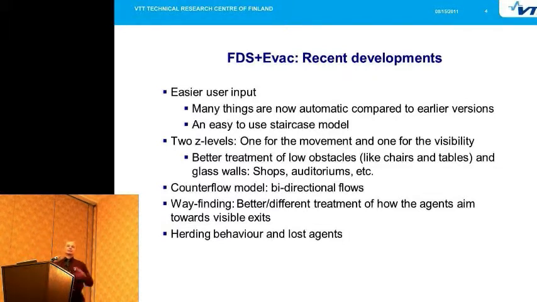So it uses different set levels for seeing and moving. And that's good for spaces like auditoriums, where you can see over the chairs. And in quite many places you have lots of glass also, glass walls, and you can see through those.